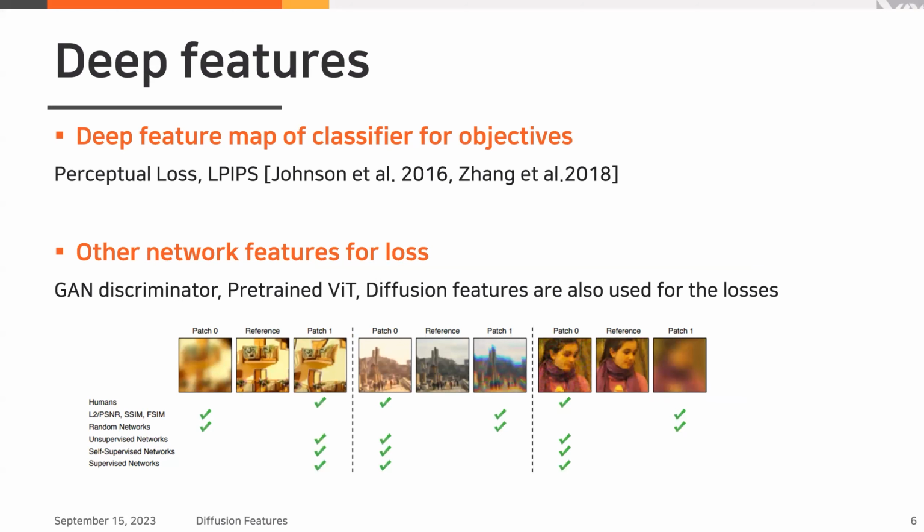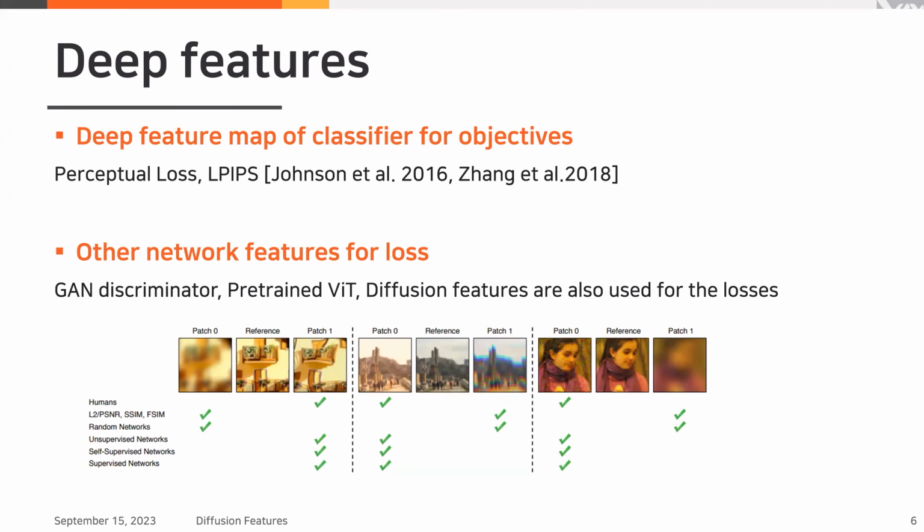Not only classification models, but also the GAN discriminator, pre-trained ViT with self-supervised image encoders such as CLIP or DINO, or even diffusion UNet features have been explored for use as these perceptual losses.